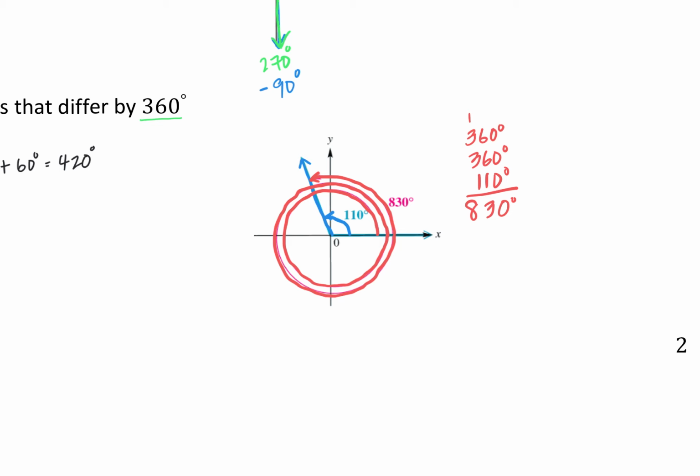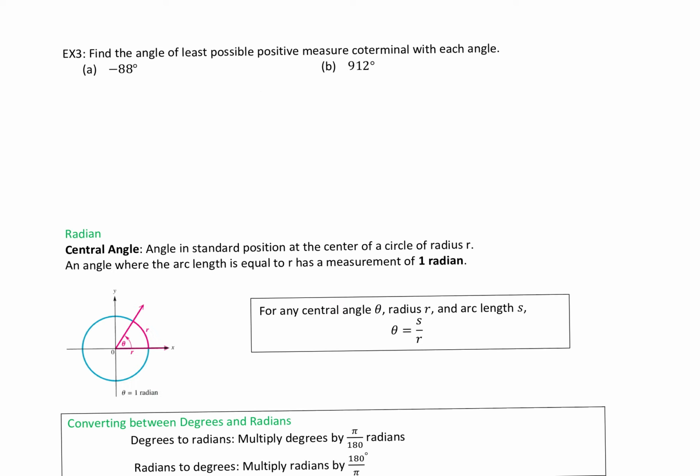They differ by 360. Again, in this case, I added 360 twice to get from 110 to 830 degrees. Same initial side, same terminal side. And we can go in the negative direction as well. We can go on forever and ever in both directions.